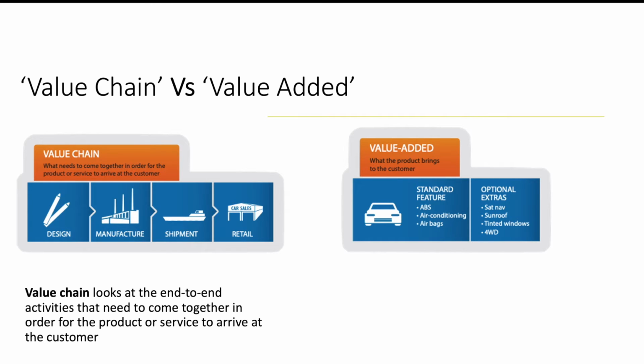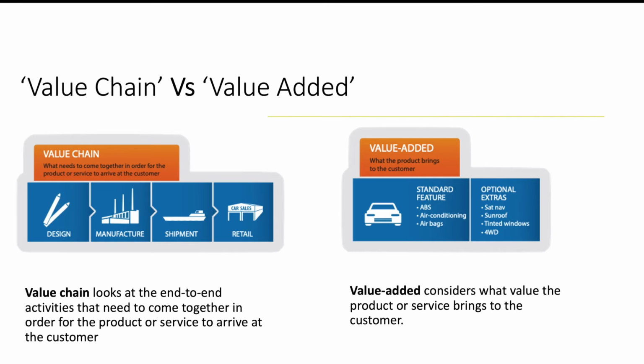And what is value added? Value added is what the product brings to the customer. It is a kind of standard feature. Value chain is the different activities to bring any product from conception to the retail customer. But value added is a feature of that product, like the ABS system in a car, or air conditioning in a car.